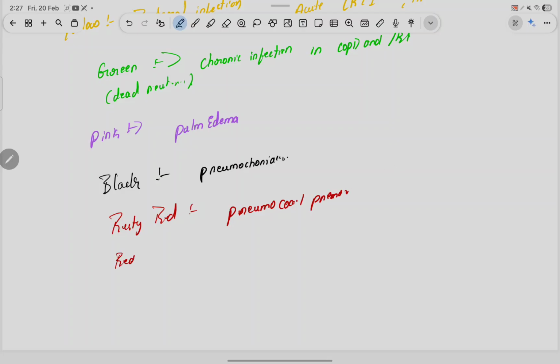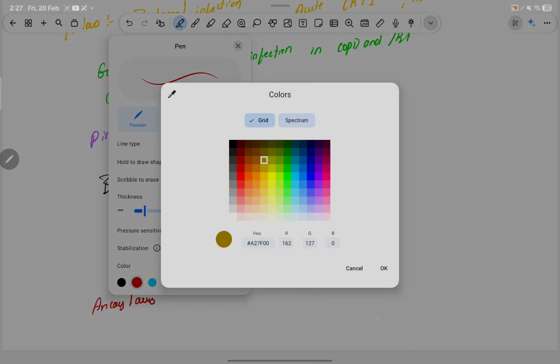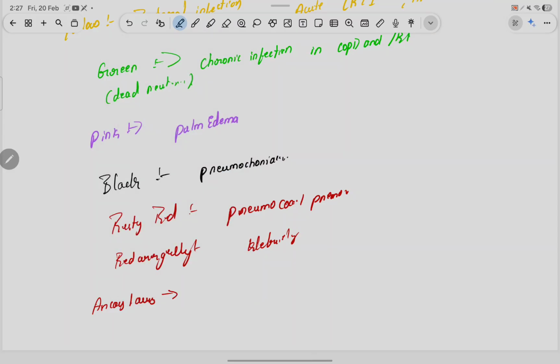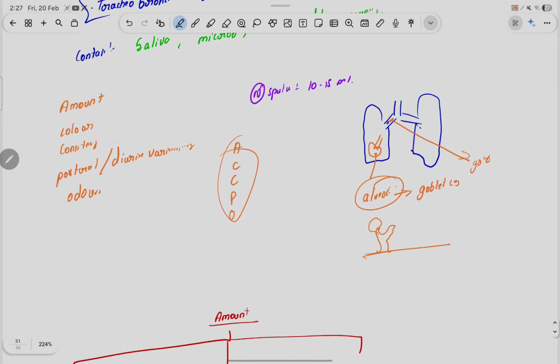Red currant jelly, then you could go with Klebsiella. Anchovy sauce, that would go to liver abscess rupture. So we completed amount and color.